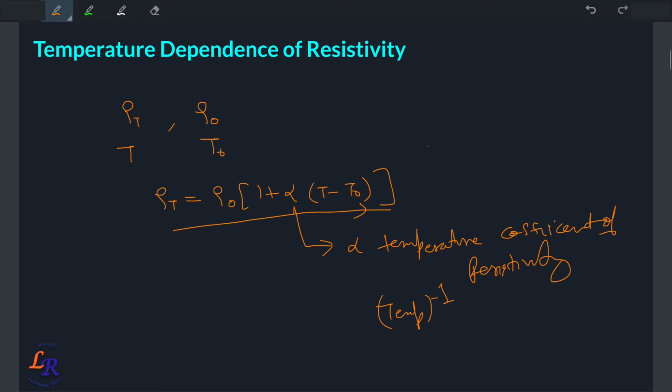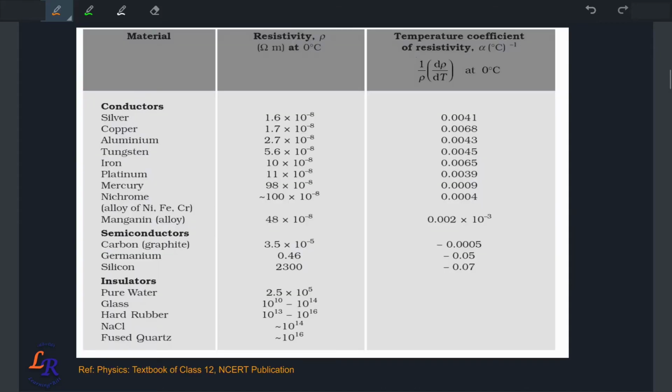So for example, you remember when we saw in our previous lecture, this was the temperature coefficient of resistivity alpha. This was the value we were talking about in the previous lecture, and the temperature at which it is given is 0 degrees Celsius. So that is important, and also we should know where this equation holds well.